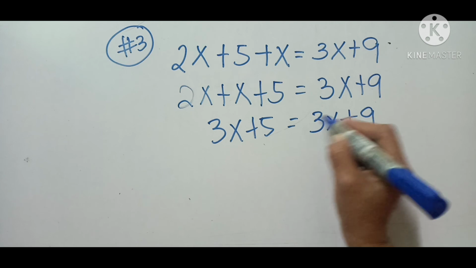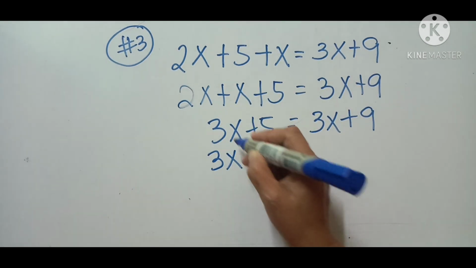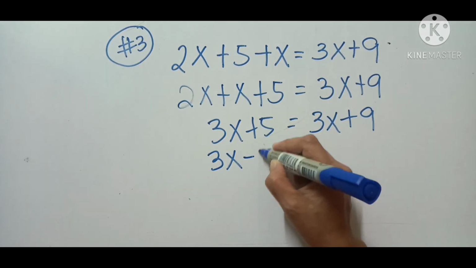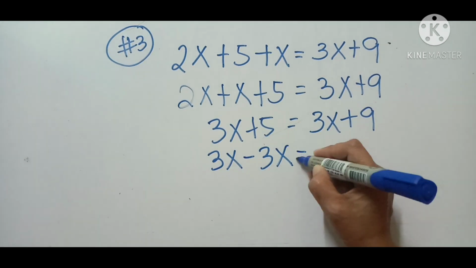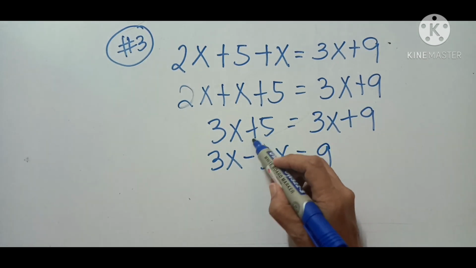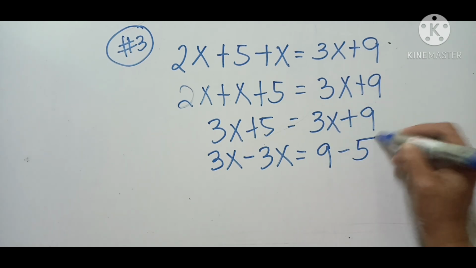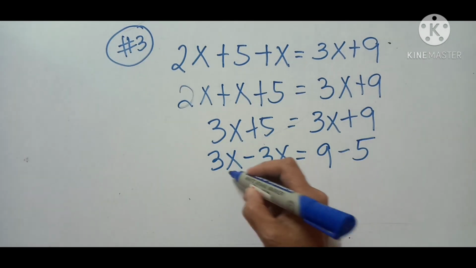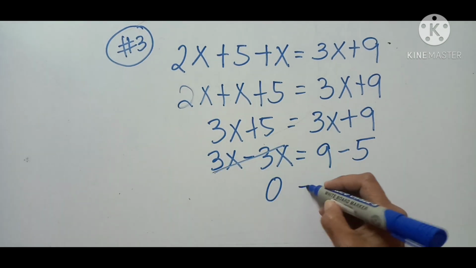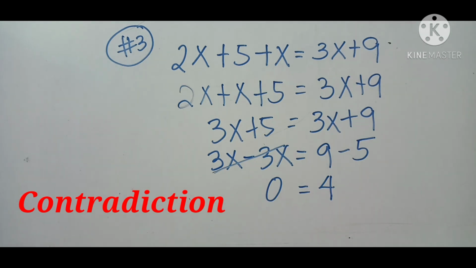So the positive 3x now becomes negative 3x. Then copy the 9. Then the positive 5, when transposed, becomes negative 5. So 3x minus 3x equals 0. 9 minus 5 is 4. So the result is a contradiction.